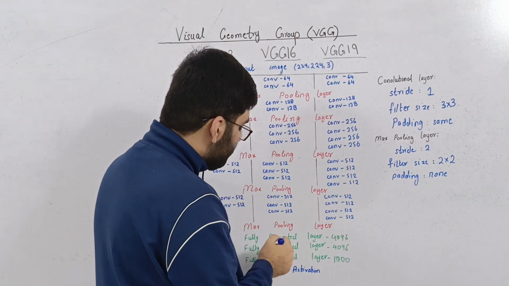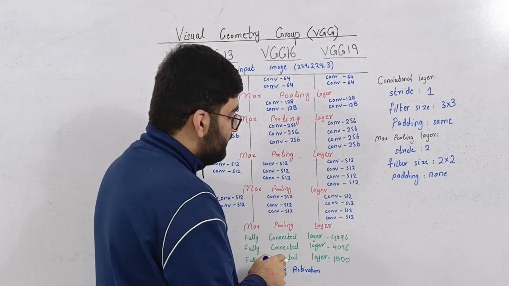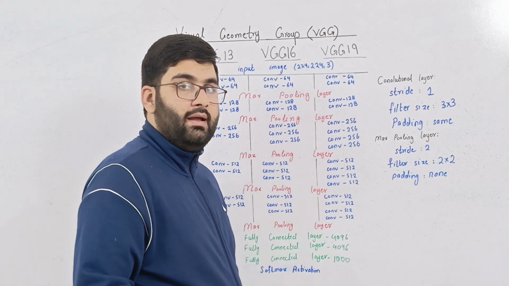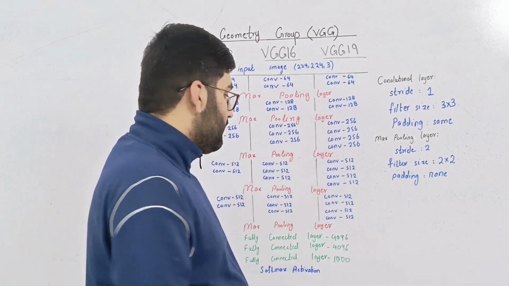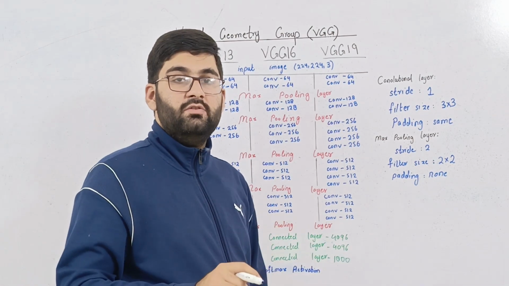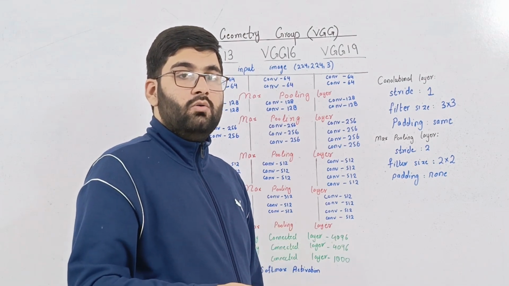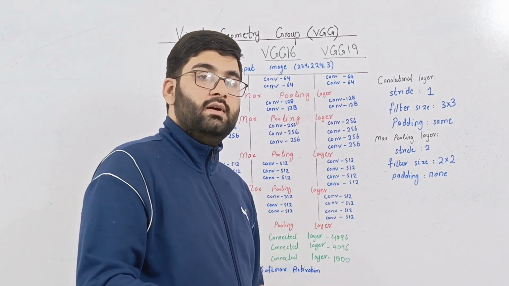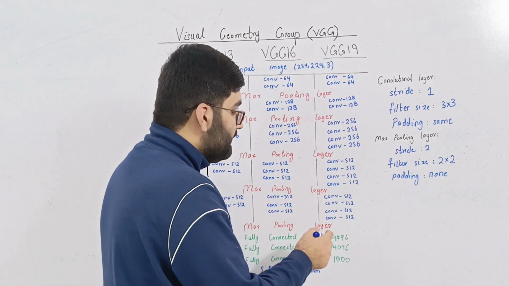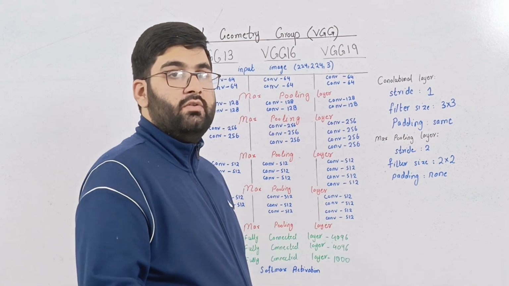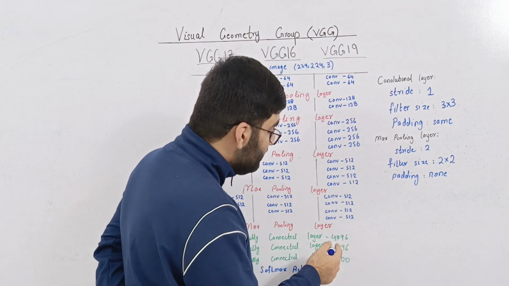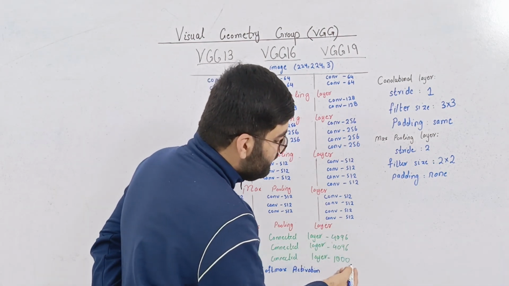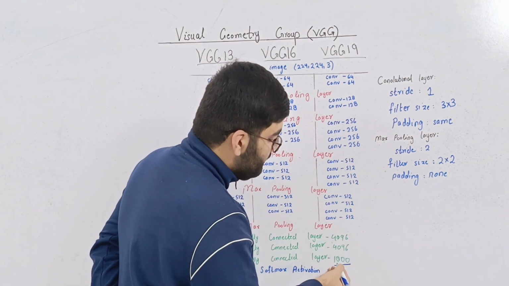Finally, here we have three fully connected layers. The fully connected layer aggregates or combines all the features or all the outcomes of the previous layers and turns them into meaningful classifications. The third one has 1000 classes, 1000 neurons.